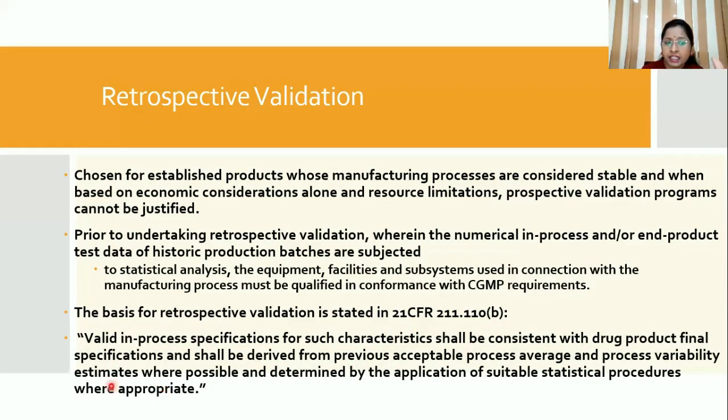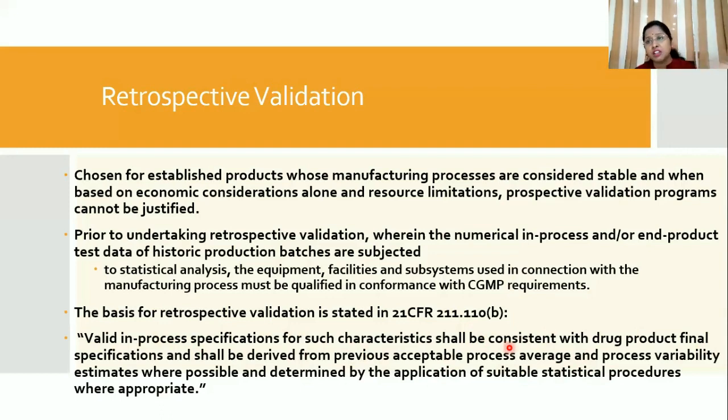I'm repeating again: retrospective validation we can consider as a valid in-process specification for such a characteristic, consistent with the drug product final specification and derived from the previous acceptable process average and process variability estimates.